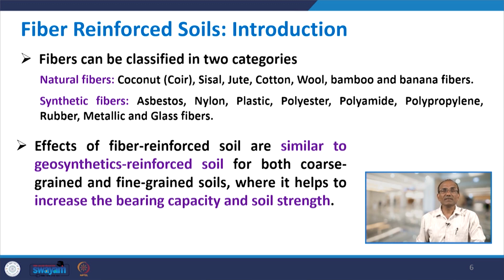And then you have synthetic fibers, which are man-made, or made from chemicals. So, you have asbestos, nylon, plastic, polyester, polyamide, polypropylene, rubber, metallic and glass fibers, and there could be more. So, many varieties are there for natural fibers as well as synthetic fibers.